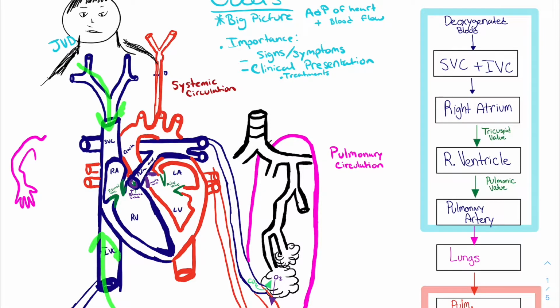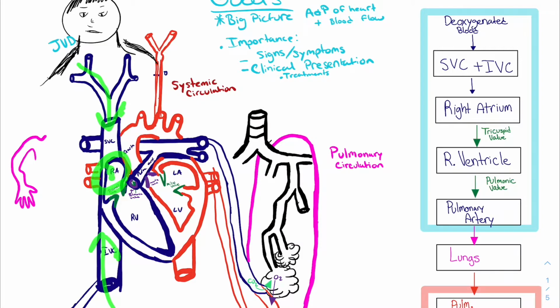So you have the superior vena cava and the inferior vena cava. Both of those are going to connect to the heart and drain into the right atrium. So we have the right atrium.